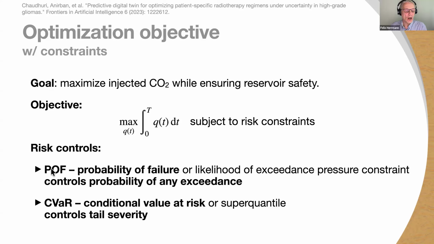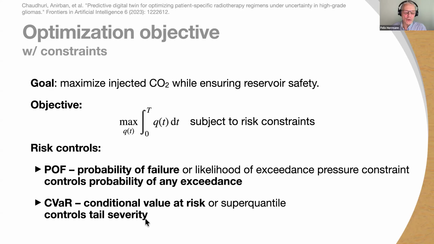Now you can do probability of failure or likelihood of exceedance, a pressure constraint, which basically controls the probability of any exceedance. So you cannot go epsilon over your fracture pressure. Or you have a conditional value at risk, CVaR, also known as a superquantile, that controls the tail severity. That is, it tries to control the average exceedance.